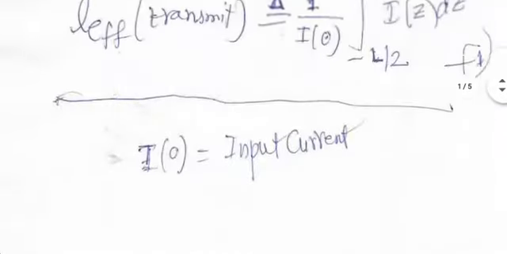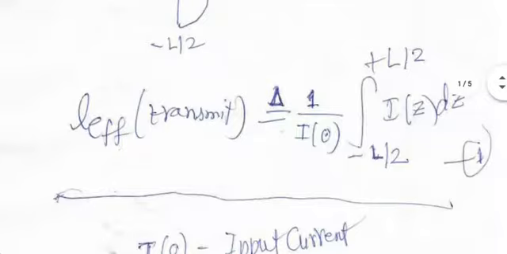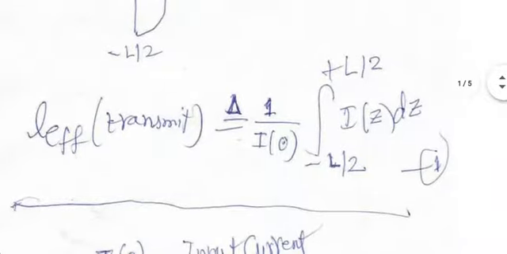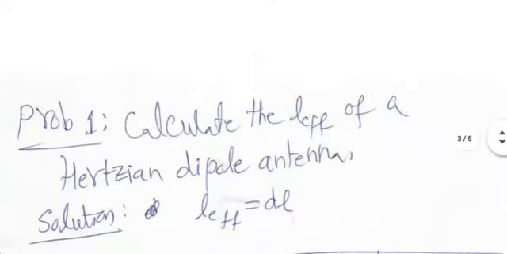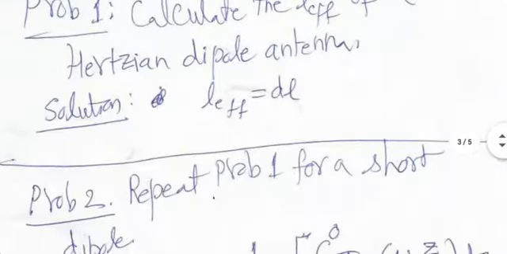So if you use the transmit definition for effective length, the integral of Iz dz will give you simply I dl, and I naught is also I. So the result will be simply dl. Effective length of a Hertzian dipole is simply dl, the length of the antenna. You don't need mathematics for it. That's why I've written the answer.